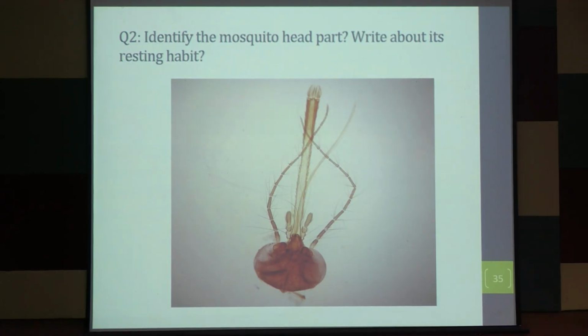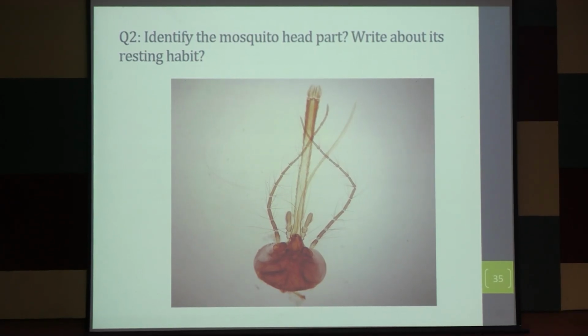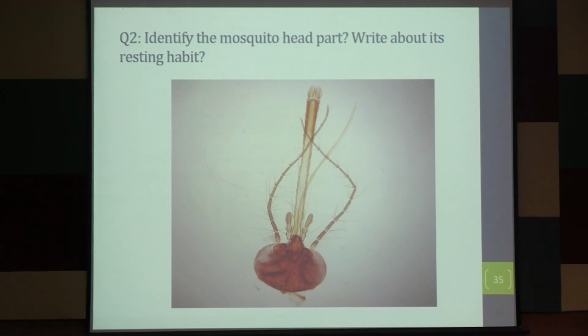What is the mosquito, this head part? Which kind of mosquito? Is there a pointed tip? If it is a pointed tip, what is that? Female Aedes.